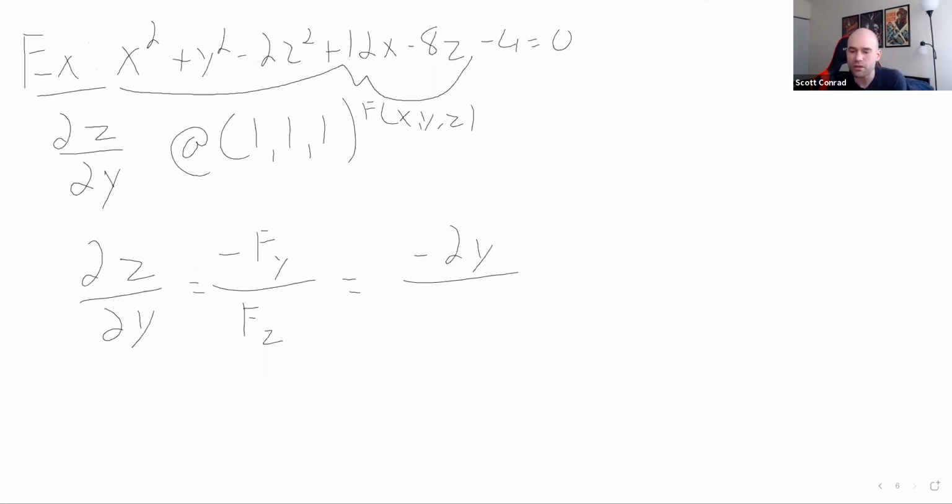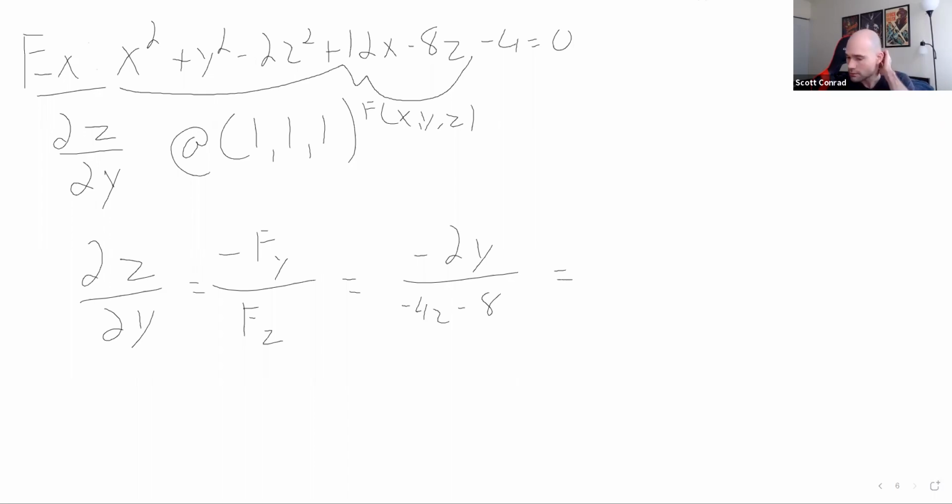And then our f sub z is going to be negative. So x squared becomes 0, y squared becomes 0. Negative 2z squared becomes negative 4z. 12x becomes 0. Negative 8z becomes minus 8. And then negative 4 becomes 0.